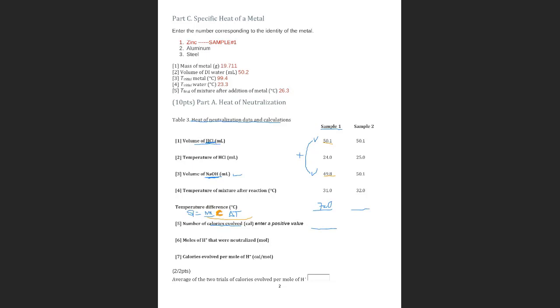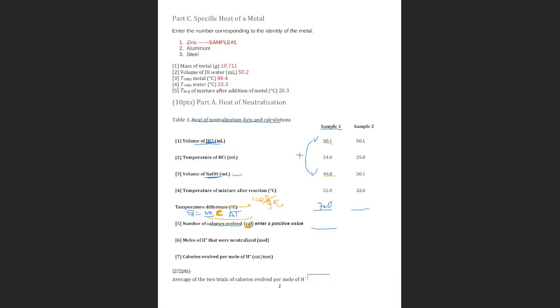If they want Q in joules, you will put 4.18. But look what they are saying. Calories evolved, in calories. So what is the specific heat for the water? 1 calorie is equal to... Exactly. So this is 1 calorie per gram per Celsius. Very good.